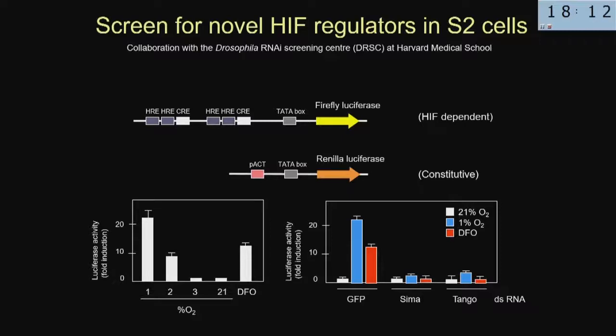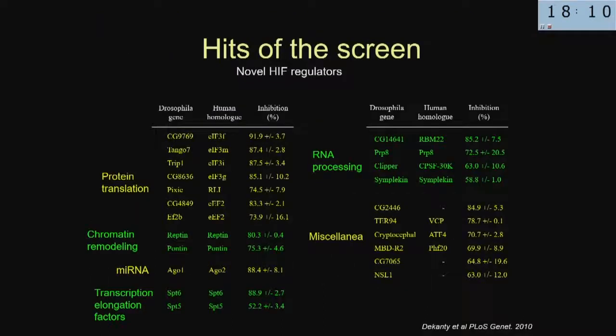The screen went well. After 3 phases of selection, we ended up with 21 genes that were not previously associated with hypoxia biology, along with other genes that, of course, were known to regulate HIF, including the HIF subunits themselves.